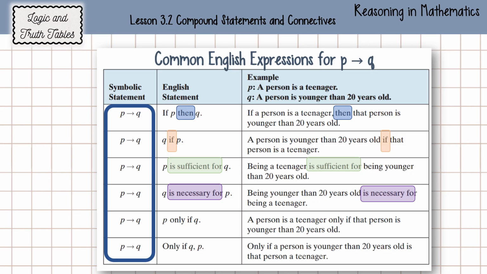We could also use the phrase only if. So P only if Q. Contextually, a person is a teenager only if the person is younger than 20 years old. Last one, only if Q, P. So only if a person is younger than 20 years old is that person a teenager.